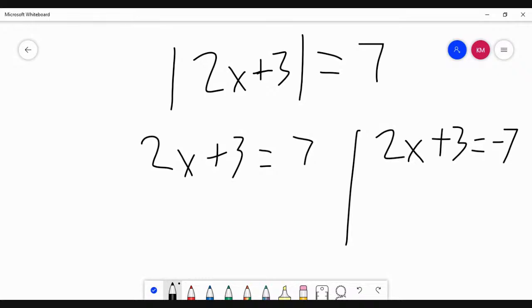So now I'm going to subtract 3 on both sides.